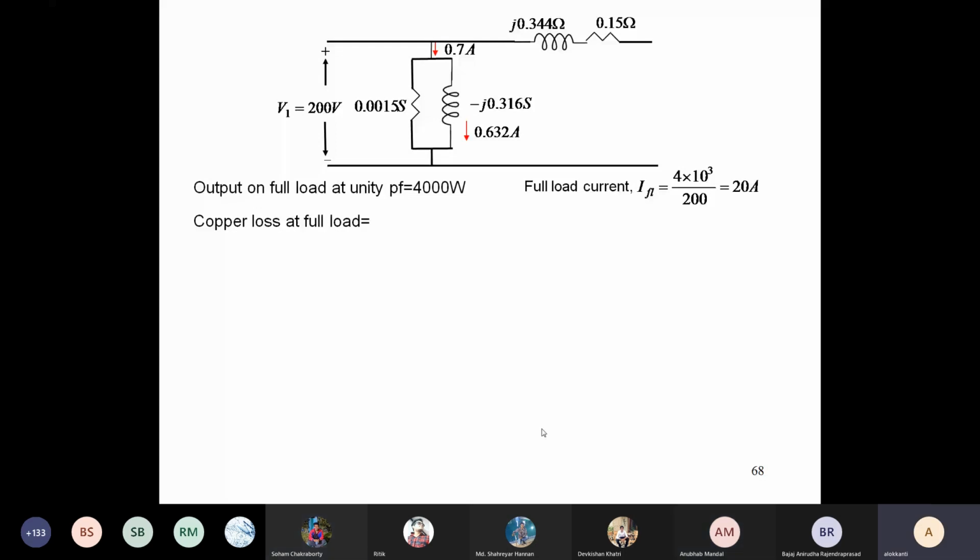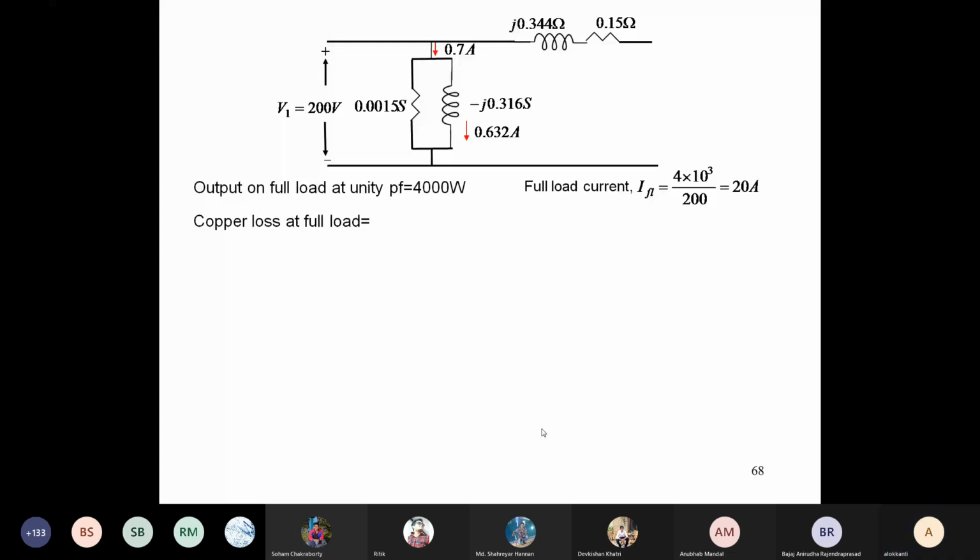No, but see, because the load can be something else also. If you read this question, sometimes you may be asked, at 50% load, what is the efficiency? Then you will have to calculate the loss at that load. You'll have to calculate that current, that loss. A load can be full load, 80% load, 75% load, or 25% load.